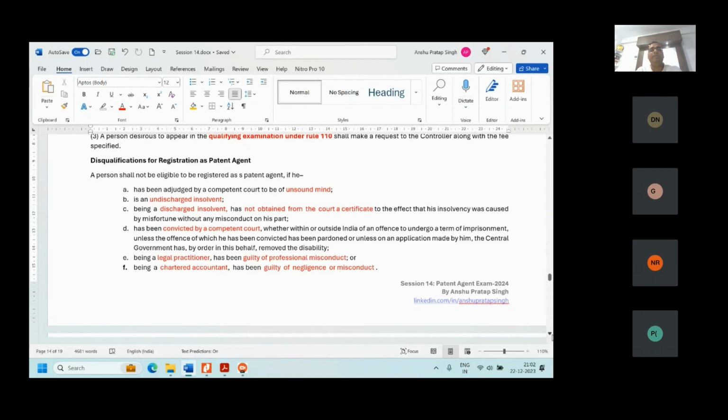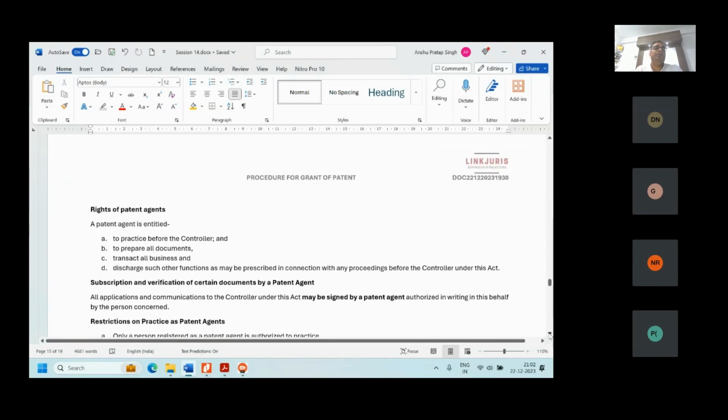You have been convicted by a competent court for a term of imprisonment, and your conviction has not been pardoned, or the disability has not been removed by the central government. Or you are guilty of professional misconduct, negligence or misconduct, same as applicable to a legal practitioner or chartered accountant.